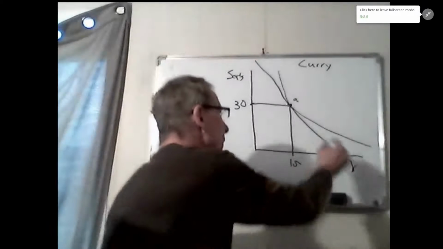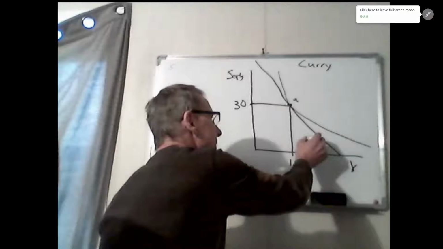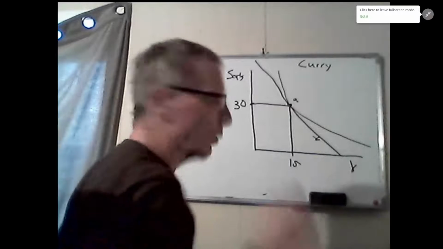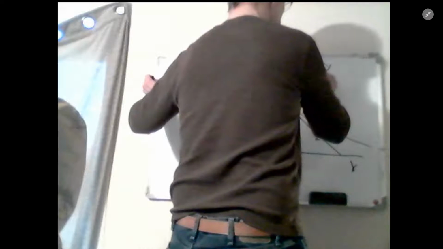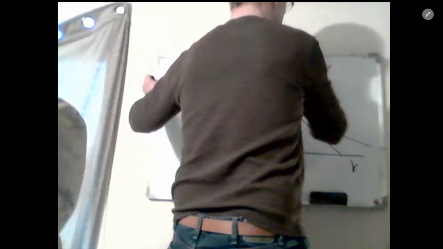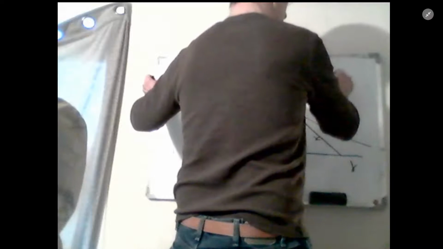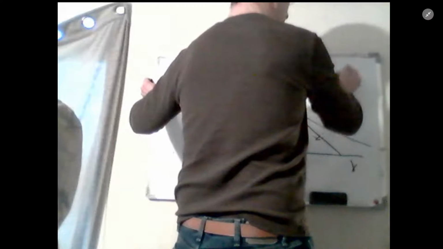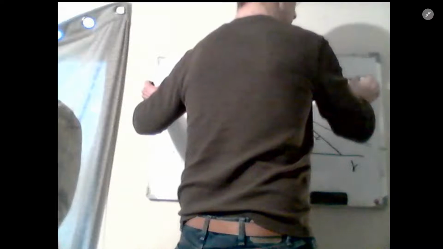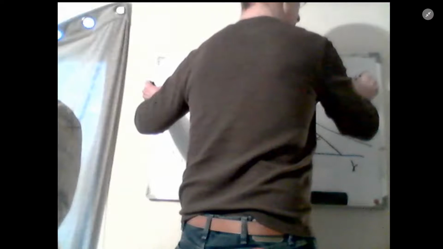We want to come up with some sort of a scheme where we're going to take Curry's income and take away some lump sum tax, and we're going to allow him to purchase X and purchase S at some subsidy rate.